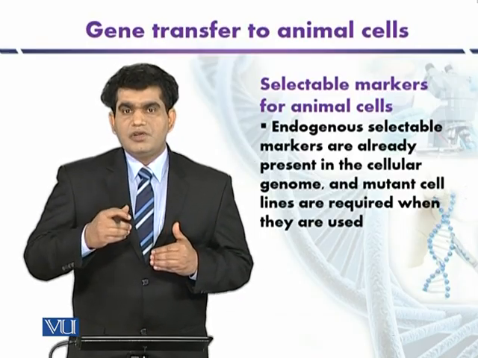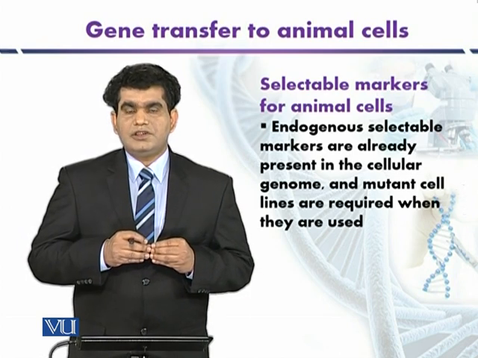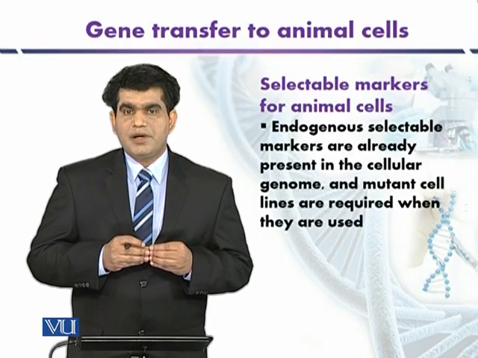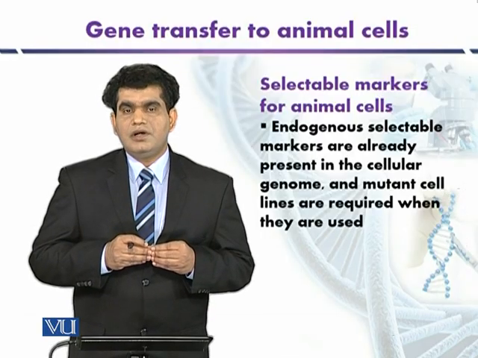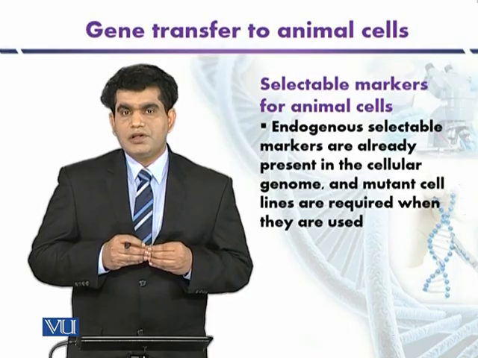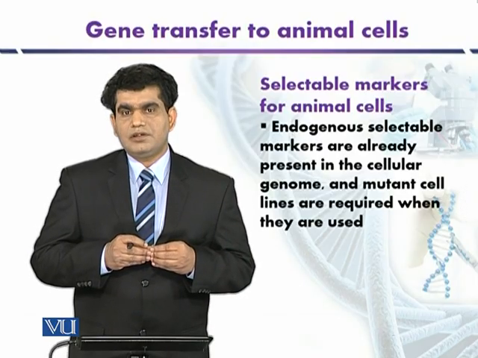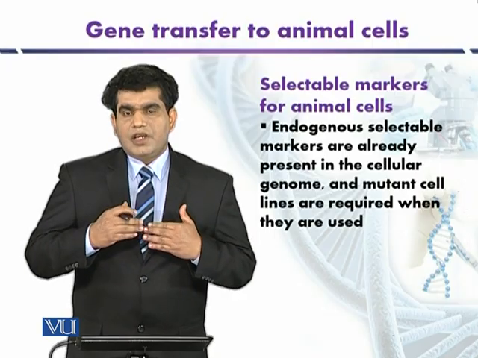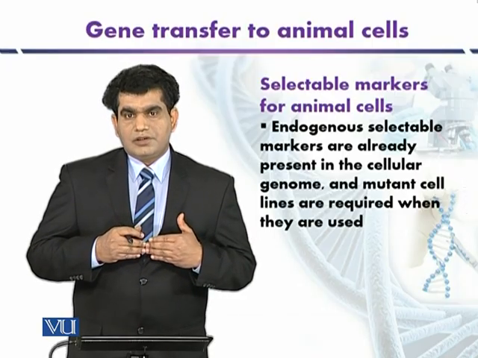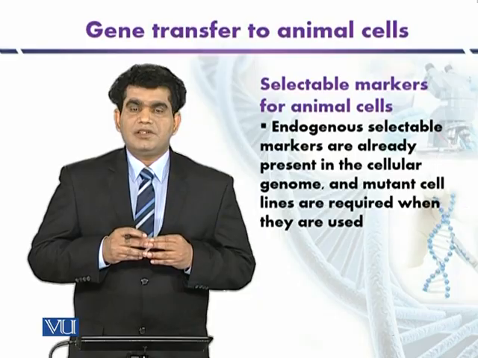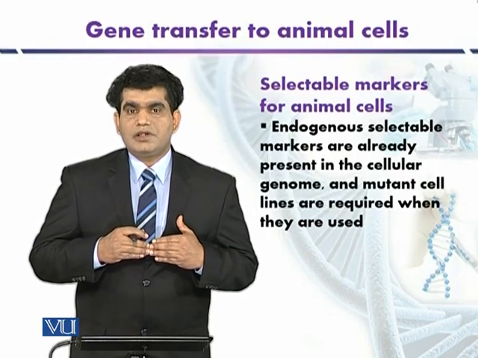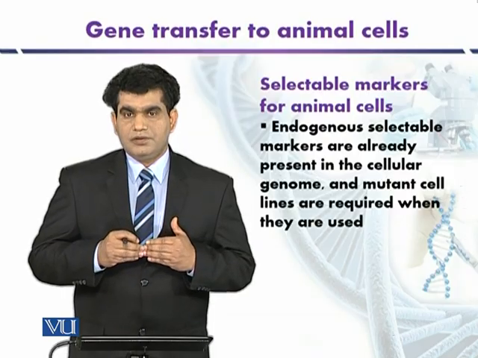And earlier we also focused on the HPRT enzyme. HPRT, if you remember, stands for hypoxanthine guanine phosphoribosyl transferase. And this enzyme can also be used as a selectable marker. The most important point is that these two enzymes are very important for the salvage pathway.